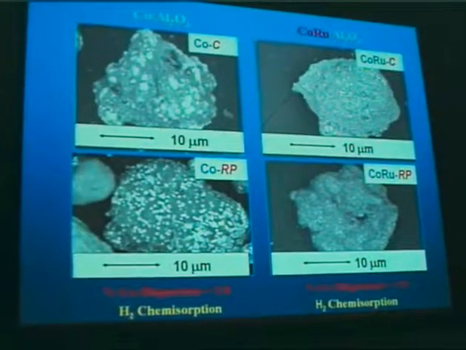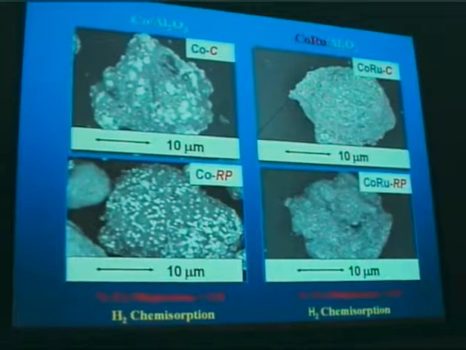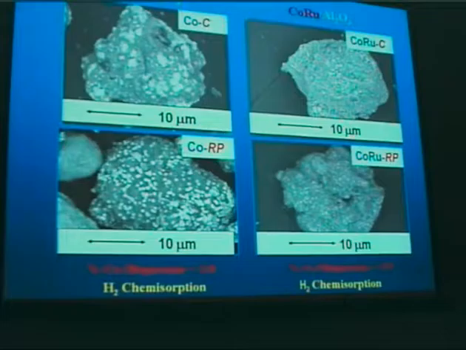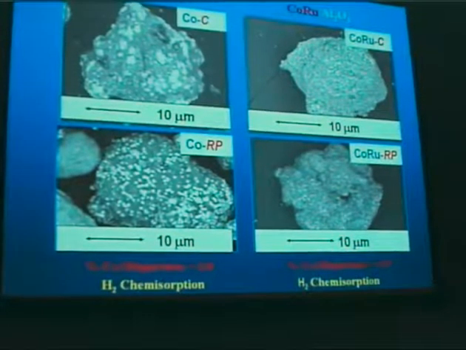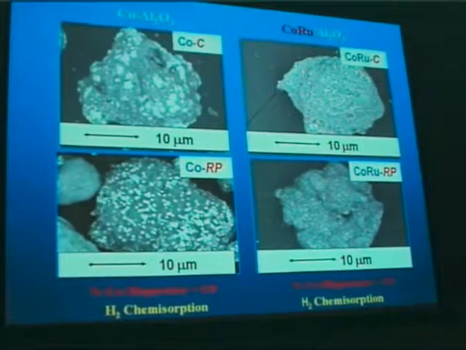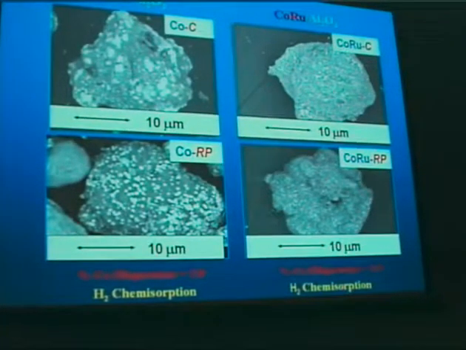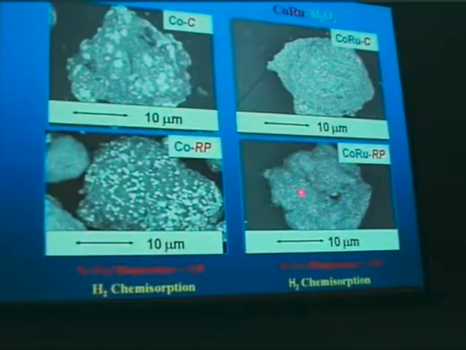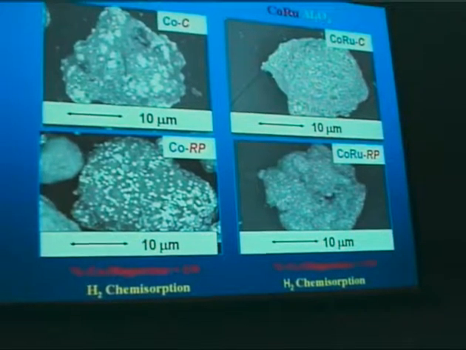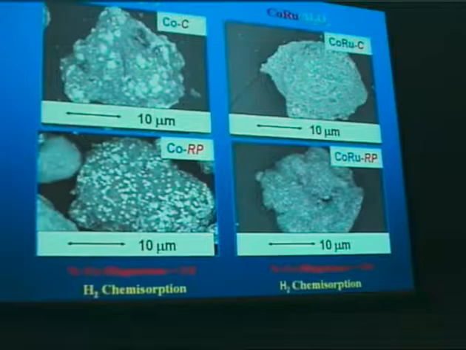They cluster together. And I recently reviewed a paper that has done some film studies showing this happening for cobalt on an alumina surface. So it's very interesting to see in a very controlled environment. And you see in the presence of ruthenium, you're getting certainly what looks like better dispersion. In fact, that's what you see with the hydrogen chemisorption.